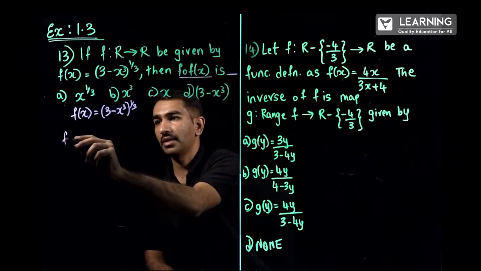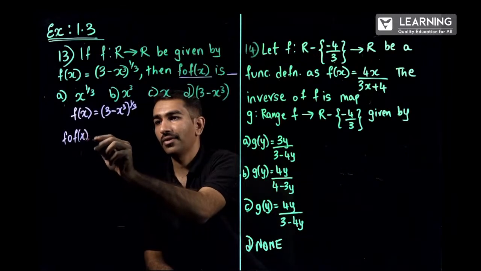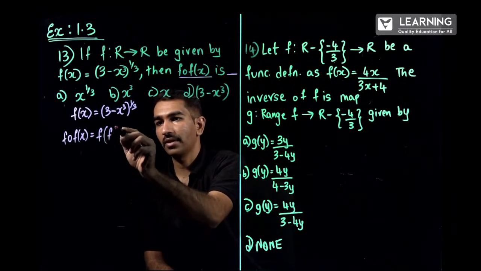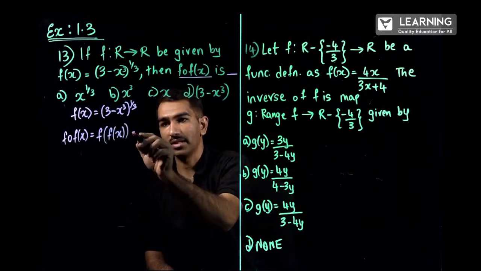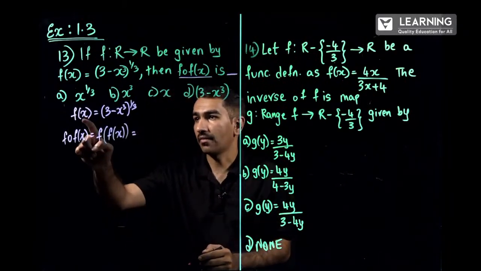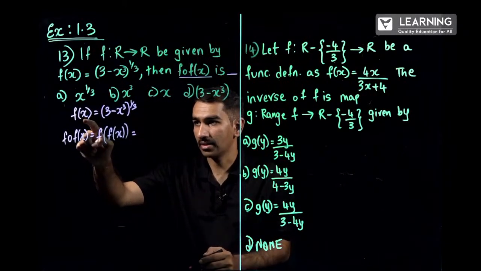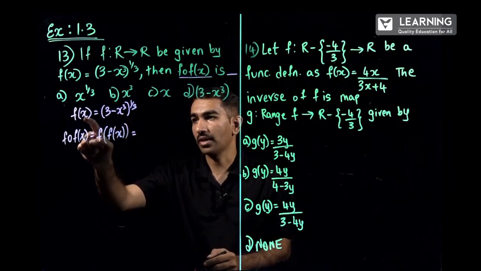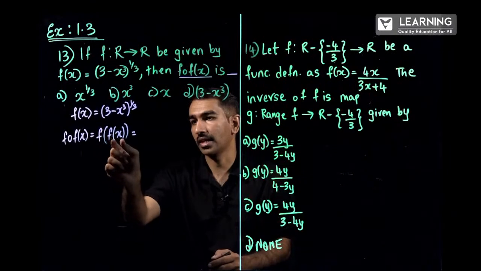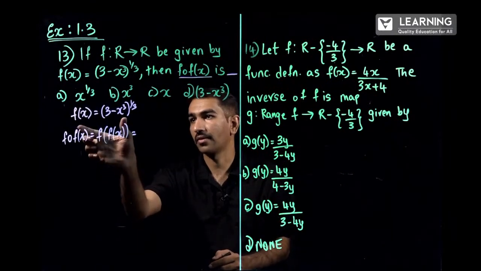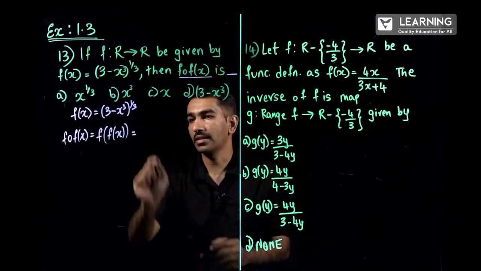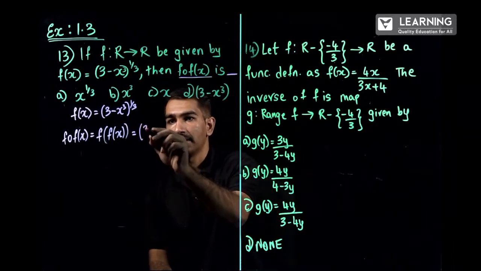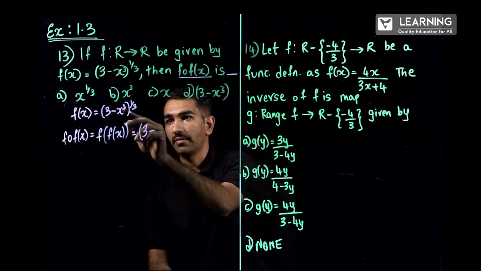F of f of x can be written as f of x, which is equal to, in the place of x we have written x, so that is why we have written x here as well. Now in this place of x, what are we writing? We are writing f of x again. What is f of x? This is f of x. Now how do we write this? So this will become 3 minus, in the place of x we are writing what?